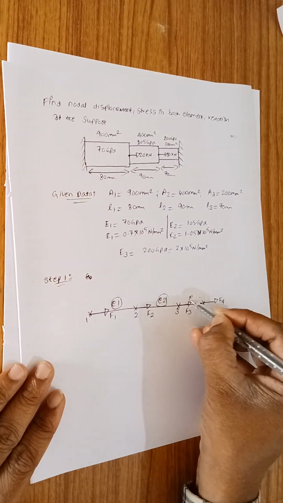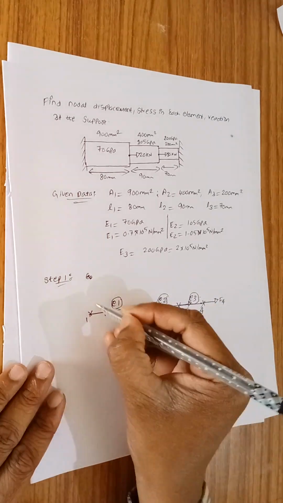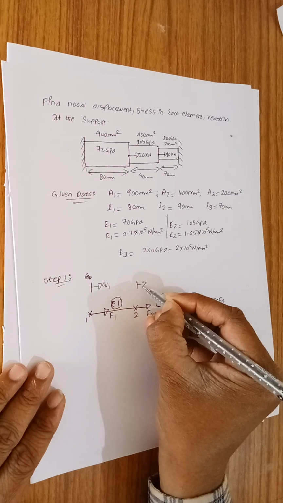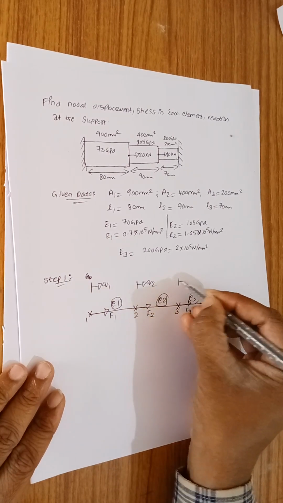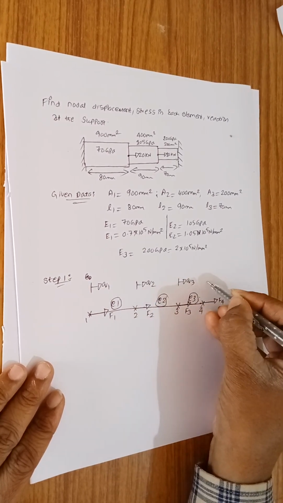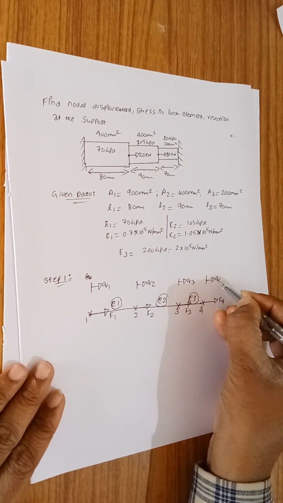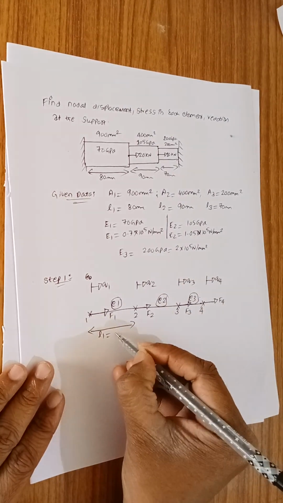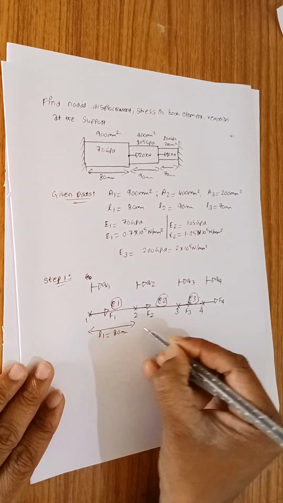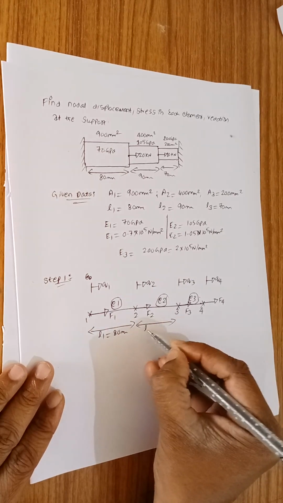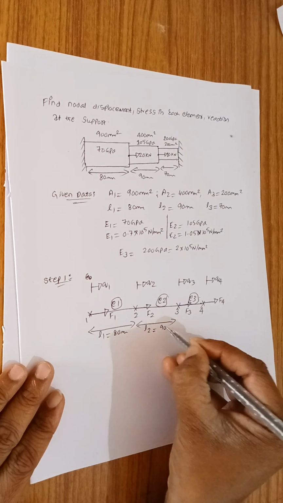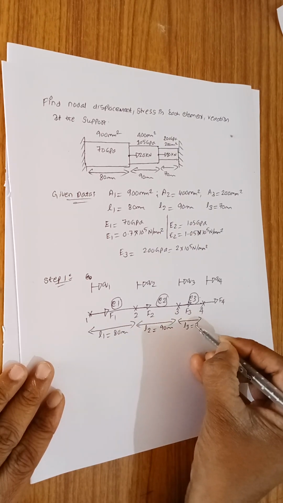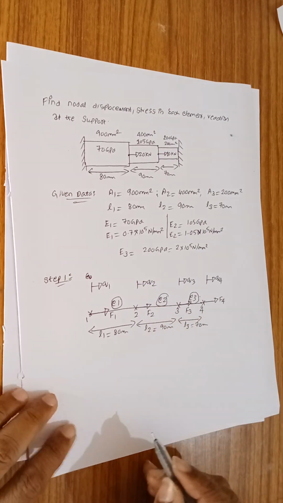So we have three elements in total, and at each node we get displacements q1, q2, q3 and q4. The length from node 1 to 2 is L1, 80 mm. Node 2 to 3 is element 2, that is 90 mm. And 3 to 4 is element 3, that is 70 mm. So I've indicated all three.